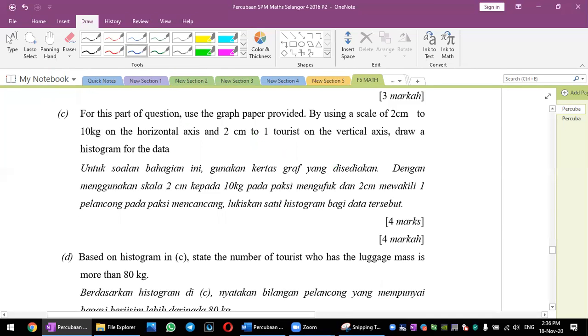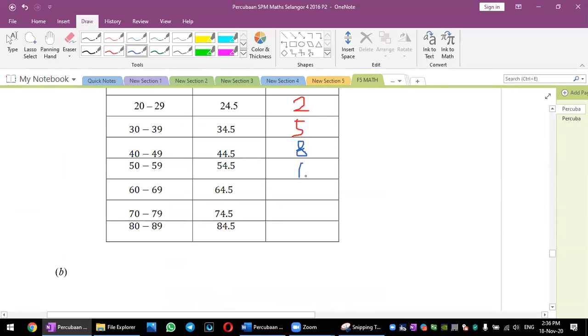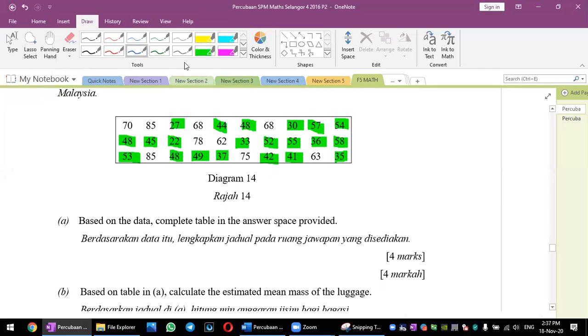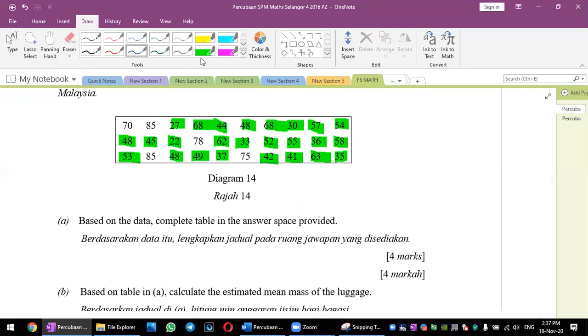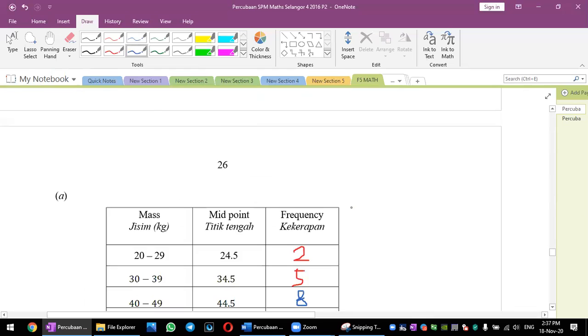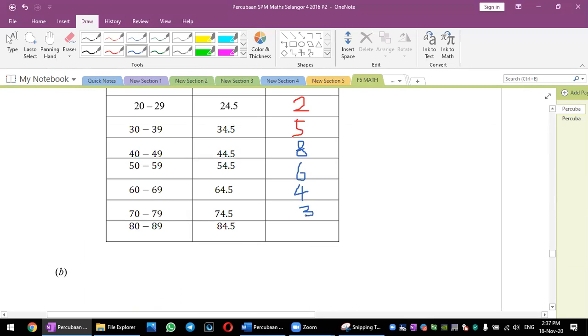Then start with 6 ingat. 1, 2, 3, 4. Okay, 7 and 8. We see 7 first. 1, 2, 3. Then 8: 2. Okay, so 3 and 2.